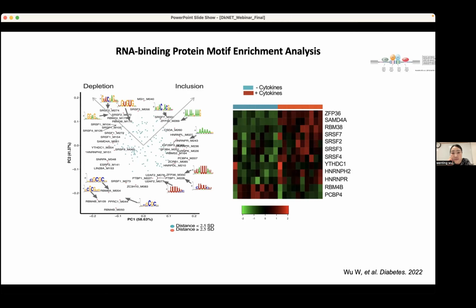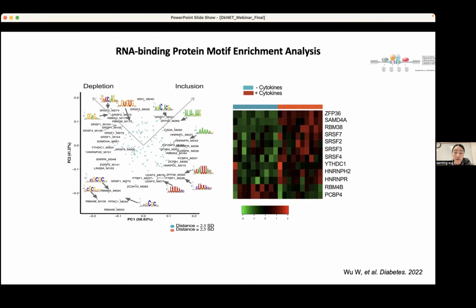In that public data, we also found that after cytokine treatment, the results are very consistent with our finding: this splicing factor also increased after cytokine treatment. For the prediction and public data validation, you can refer to our paper in Diabetes, which has more detailed information on this part.